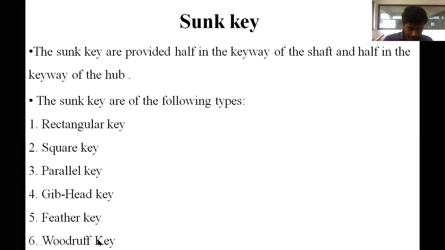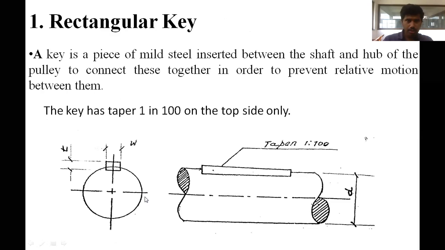Next the kinds, coming to the very first, rectangular keys. A rectangular sunk key is a piece of mild steel inserted between the shaft and hub of the pulley to connect these together in order to prevent relative motion between them.